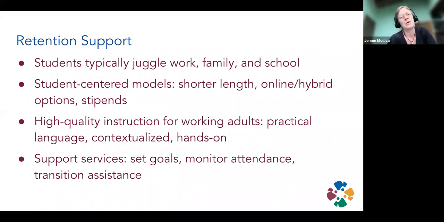And here's where we heard a real focus on models that are very student-centered, very responsive to what the program can learn about what will work for students in terms of length of the class, blending what might be more flexible if it's online, but also with the support needed and the in-person time needed to really be a strong educational program, the proper blending of online and hybrid options, stipending, recognizing the financial barriers that can be posed for some students, and really emphasizing the knowledge, the wisdom that comes in the adult education world around what is high quality instruction for working adults.